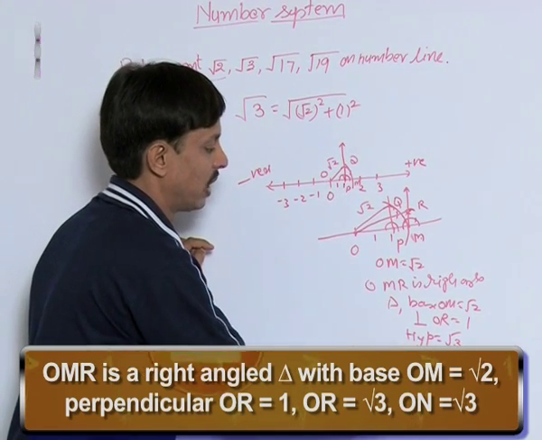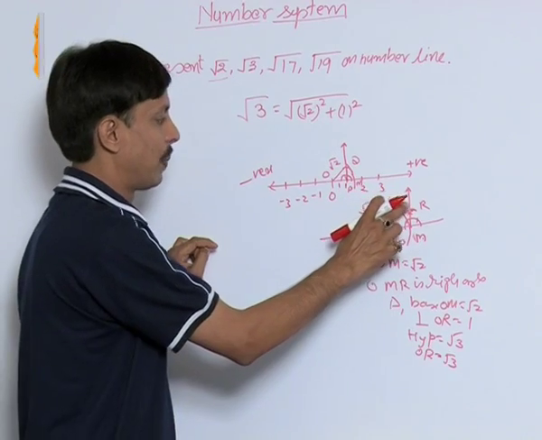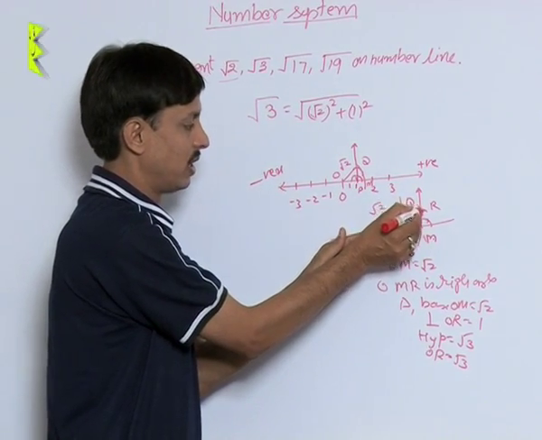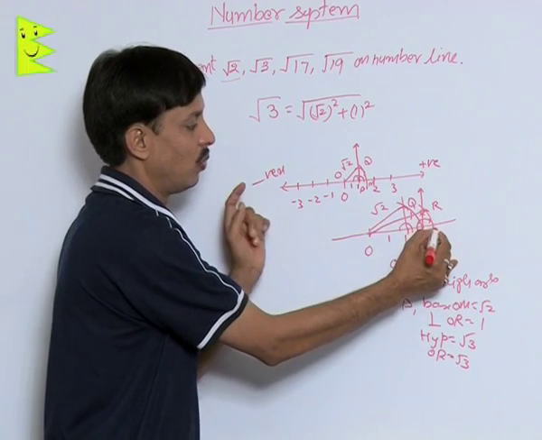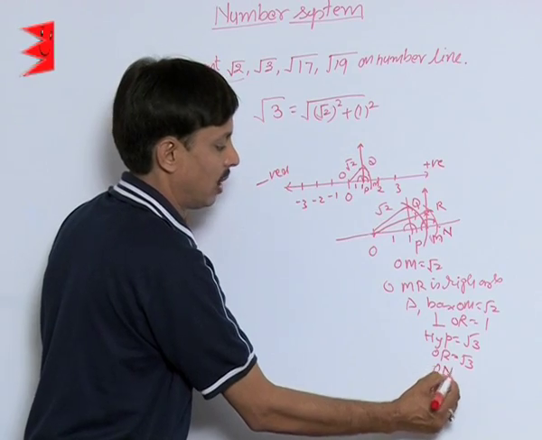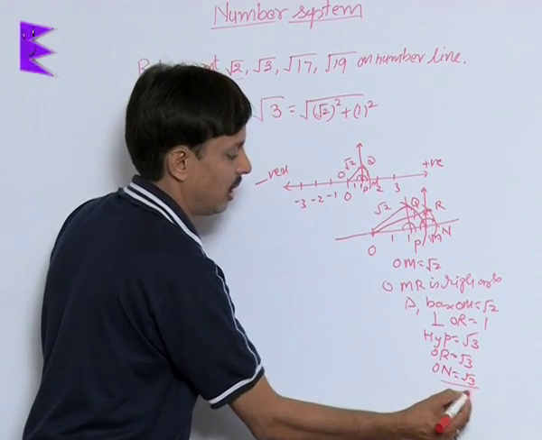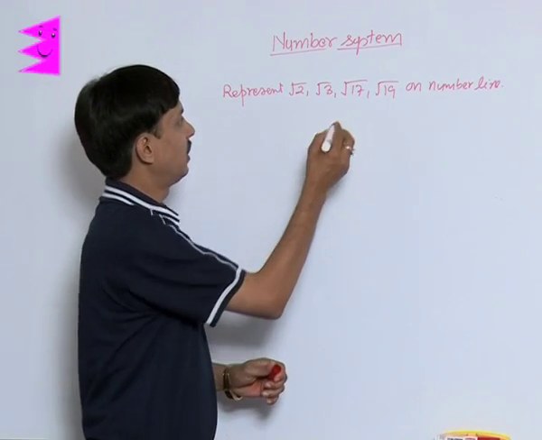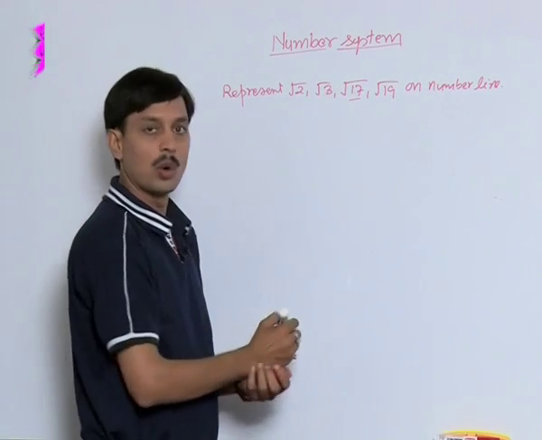The hypotenuse is OR, that is root 3. To bring the hypotenuse onto the number line, take O as center, OR as radius, and mark an arc. Suppose this point is N; ON is on the number line and is equal to root 3.